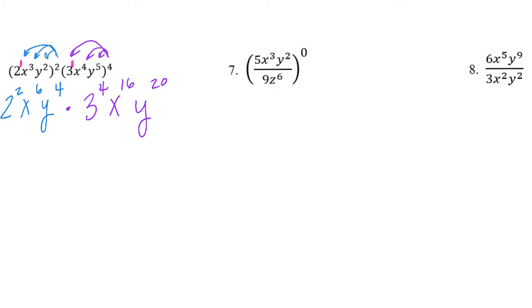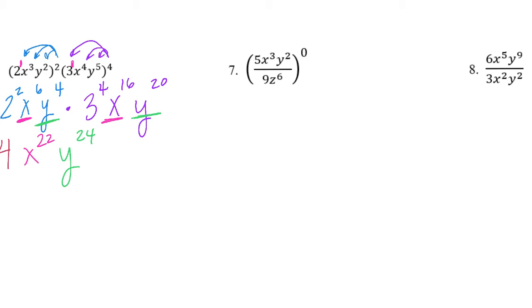So now we want to simplify as much as we can. So 2 squared is 4. We have 6 x's here and 16 x's here. So that's going to be x to the 22. Then I have 4 y's here and 20 y's here, so that's going to be y to the 24.